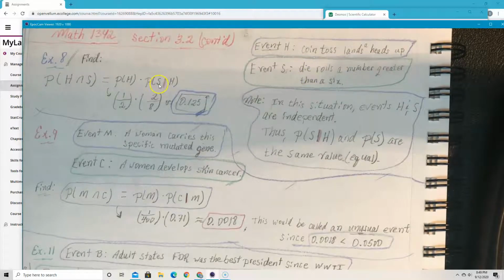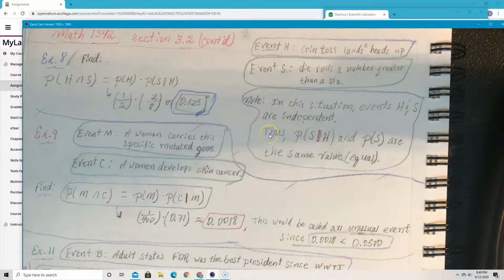So the probability that event S occurs, you roll the die and you get greater than a 6. Yes, we are writing the probability that S occurs given that H occurred. It's just that knowing that H occurred, knowing that the coin landed heads up, does not influence this probability of event S. Note, in this situation, events H and S are independent.